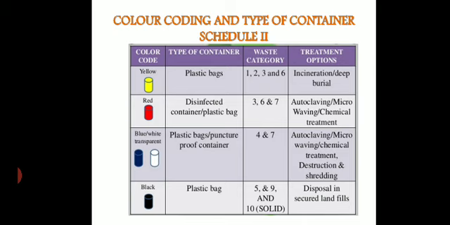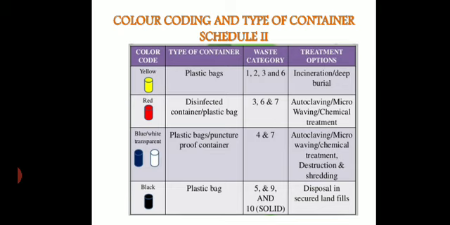The waste included in this type of container is categories 4 and 7. Category 7 includes your solid waste, and category 4 includes your waste sharps like your needles, syringes, scalpels, blades, glass, etc., which are sharp.